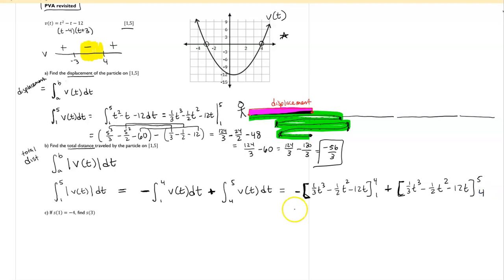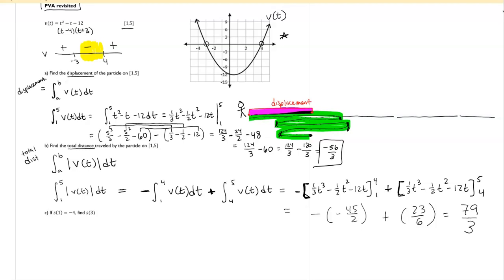I'm going to wave my hands a little bit and say that this is equal to the opposite of negative 45 halves plus 23/6. Again, a little hand waving, which at the end when you add it all together is 79/3.